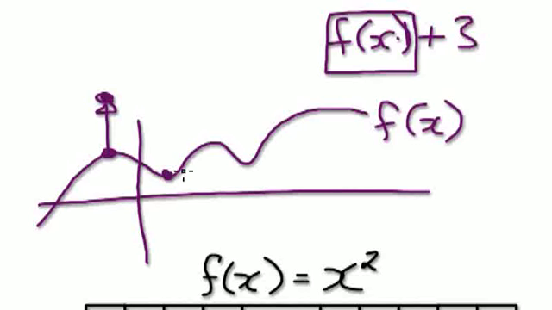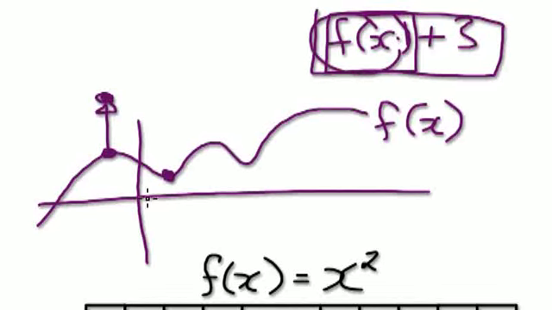Suppose at this point here, f of x is here, but if you want to find f of x plus 3, you work out the old one, which is right here, and then you add 3, so you move it up here, and so on.